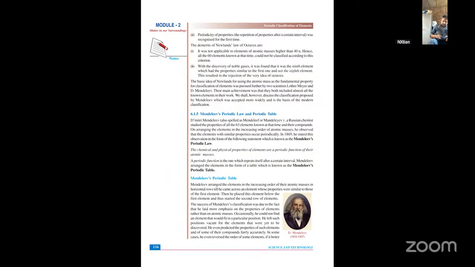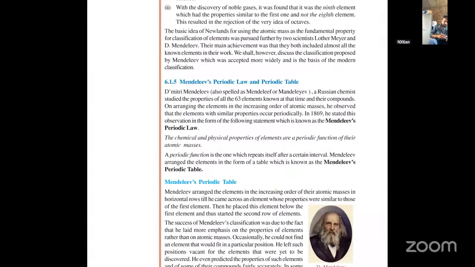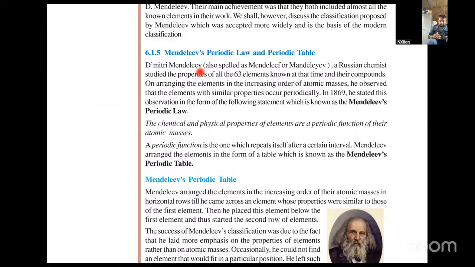So you can see Dmitry Mendeleev, a Russian chemist, at the time when he was working, there were 63 known elements. Right now we know 118 elements. At that time it was 63. And he properly arranged all 63 elements in his Mendeleev periodic table.